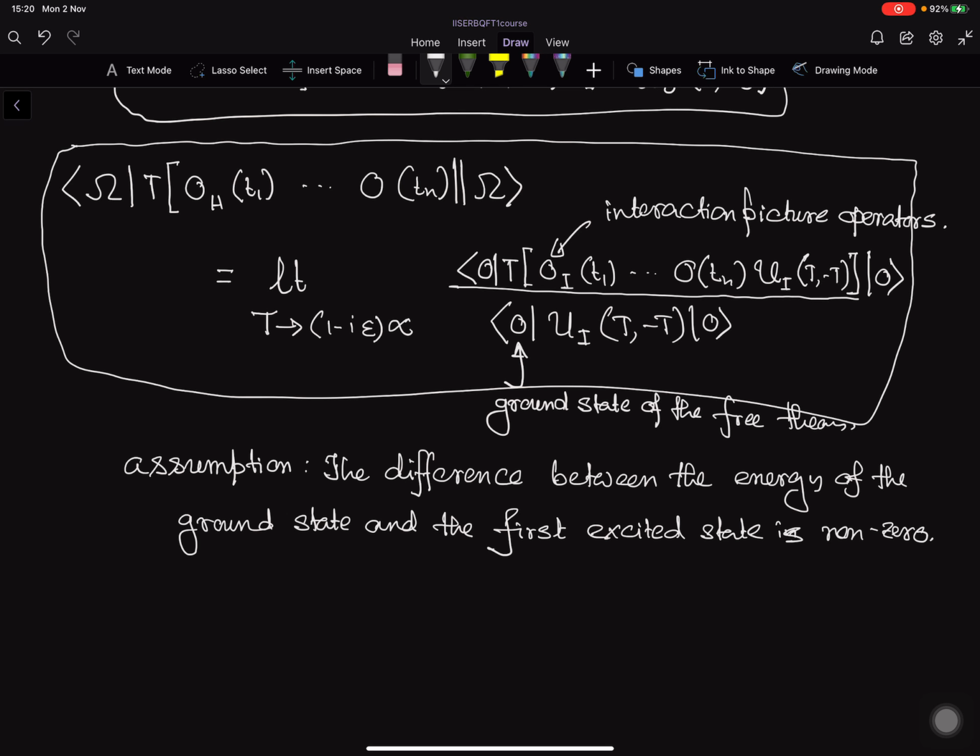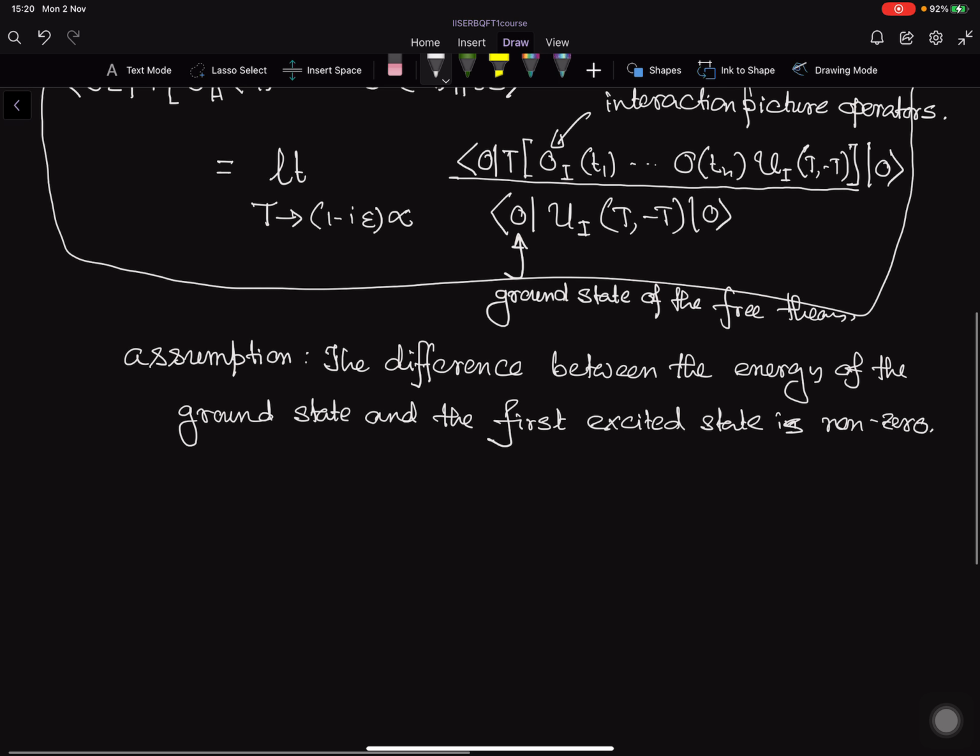The spectrum doesn't have any continuity around the ground state. So this is often called that the vacuum is gapped.